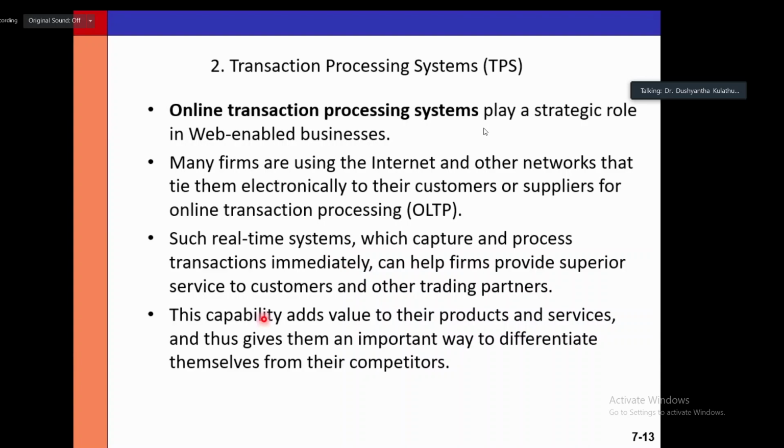This capability adds value to their products and services, and thus gives them an important way to differentiate themselves from their competitors. This capability means processing data in real time, and then having up-to-date data in their databases. So that can give them competitive differentiation compared to the competitors if competitors do not have similar systems.